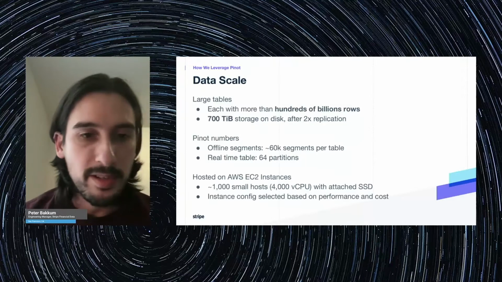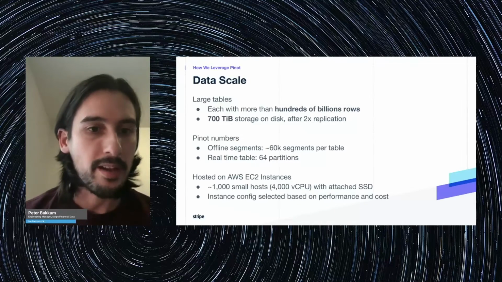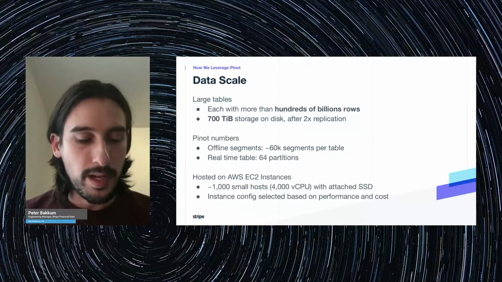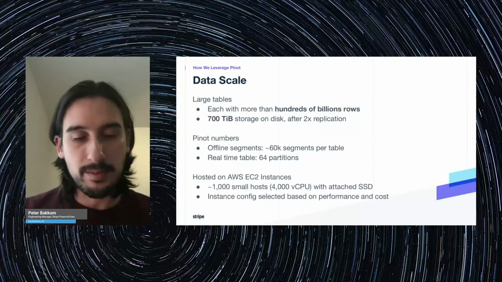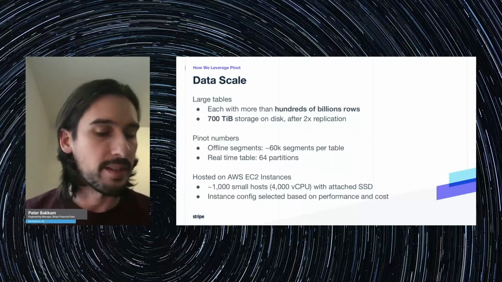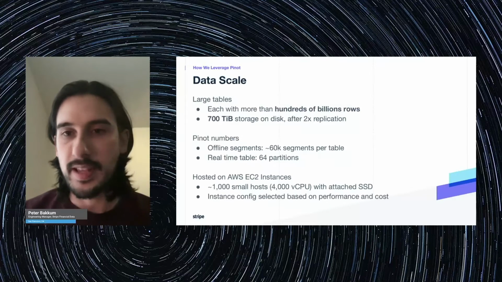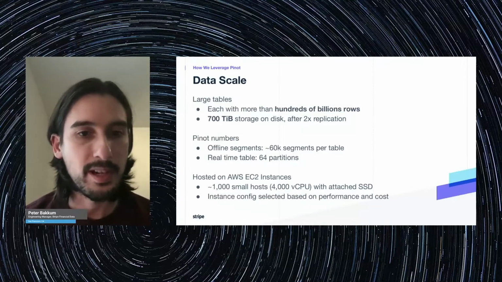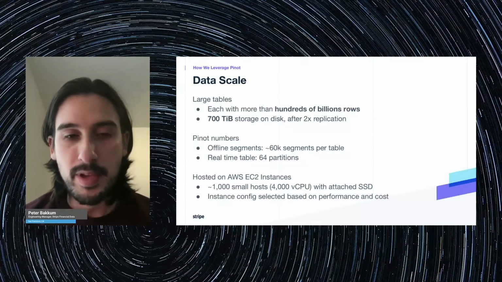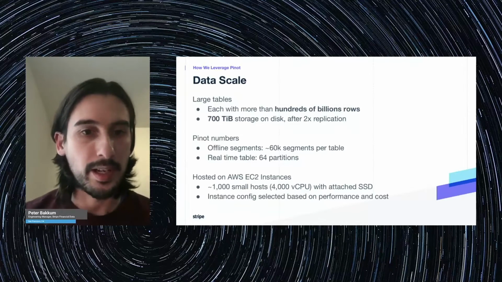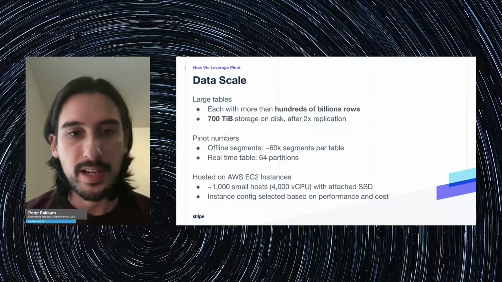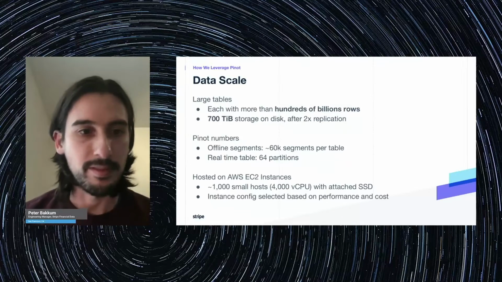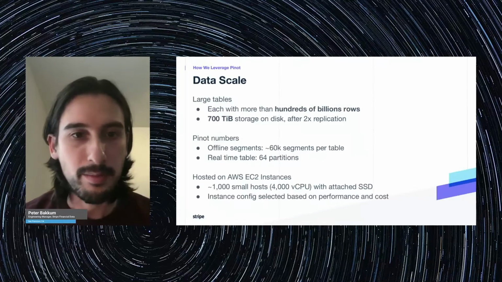And in terms of Pinot configuration, we have two sections. So we have offline segments. These are the segments that we batch load. So we have about 60,000 segments per table here. And we have a real-time table that we can query concurrently. And this we've divided into 64 partitions. And I believe this matches the number of Kafka partitions we have.